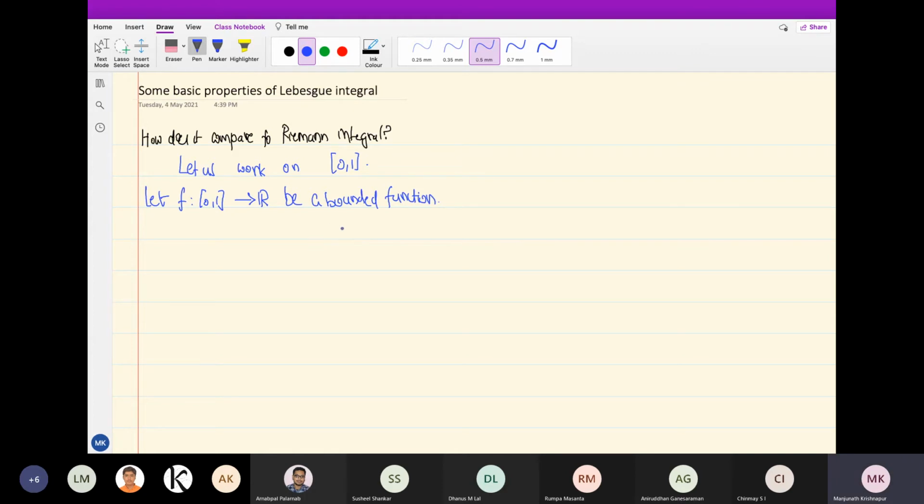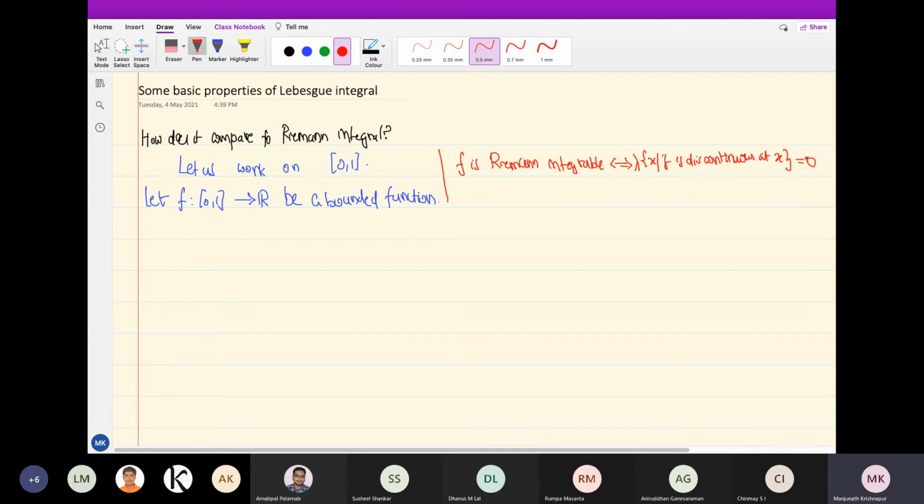Okay, so for a bounded function, what you said is true. f is Riemann integrable if and only if the set of x where f is discontinuous has measure 0.